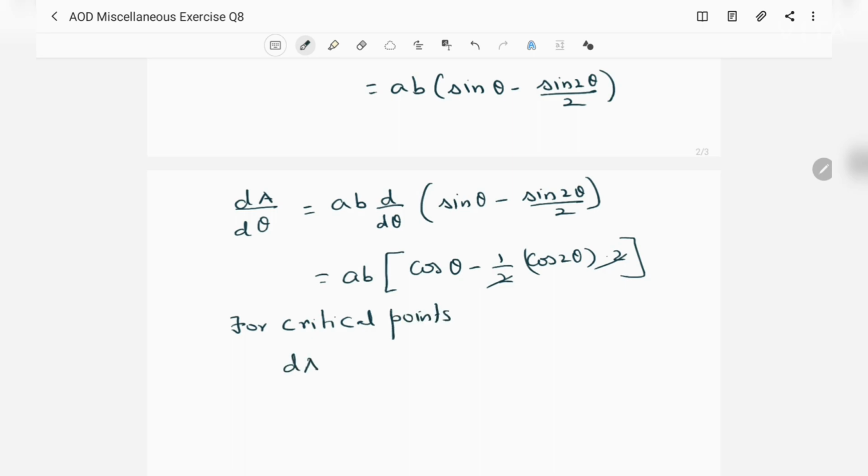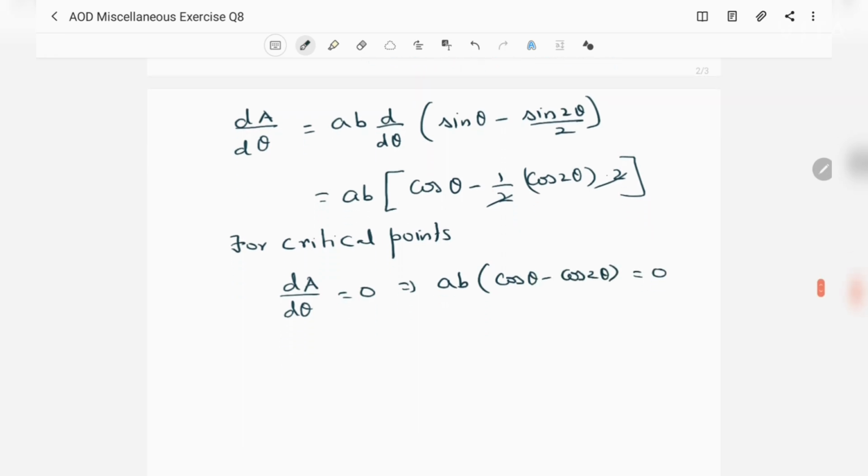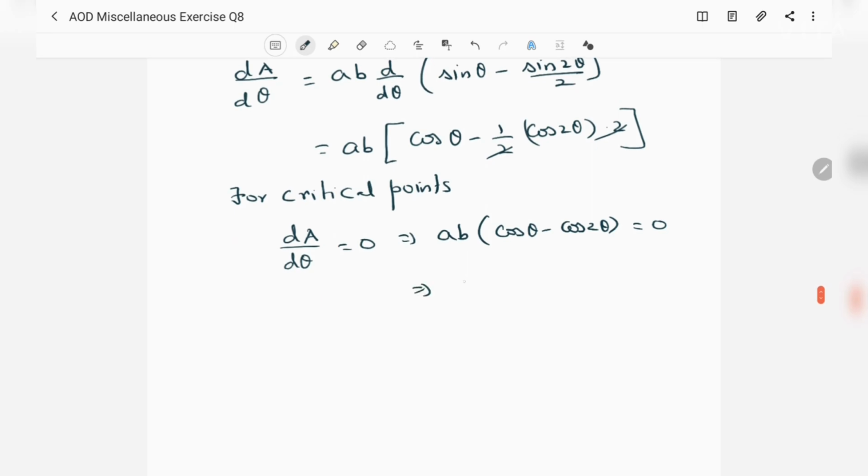and for critical points dA by d theta should be equal to 0, which implies ab times cos theta minus cos 2 theta equal to 0, which implies cos theta equal to cos 2 theta.